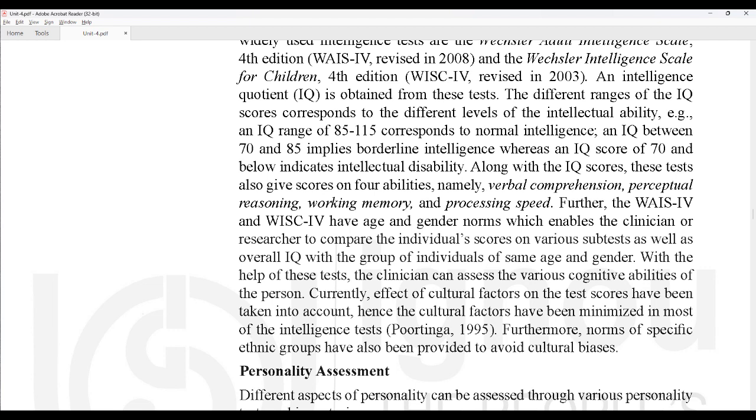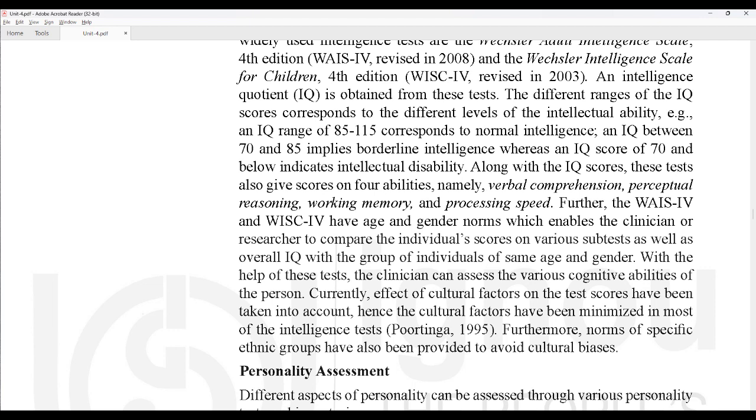With the help of these tests, the clinician can assess the various cognitive abilities of the person. Currently, the effect of cultural factors on test scores has been taken into account, hence cultural factors have been minimized in most of the intelligence tests. Poetinger, 1995. Furthermore, norms of specific ethnic groups have also been provided to avoid cultural biases.